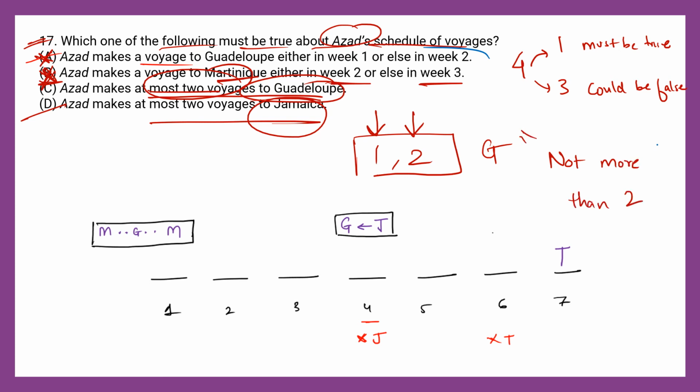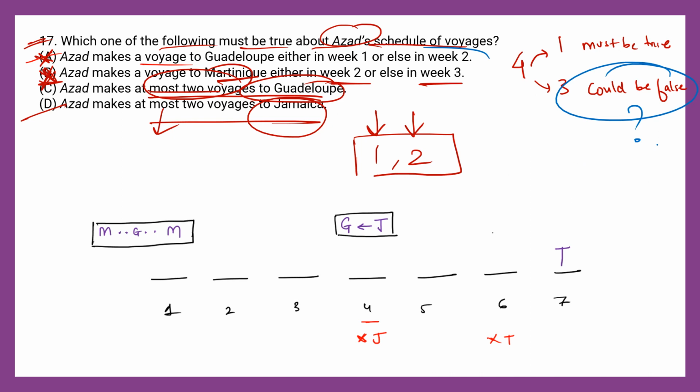Since I'm asking myself whether this could be false, is it possible for me to have 3 of these? Can I have 3 G's? Can I have 3 J's?